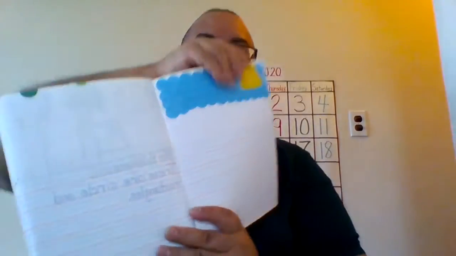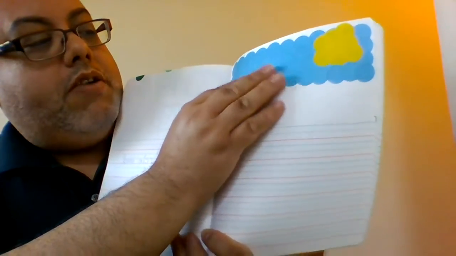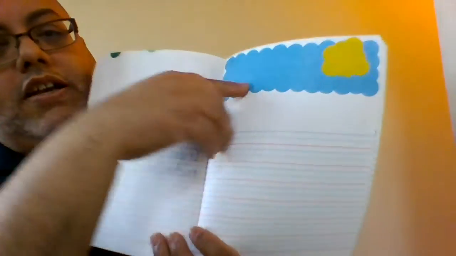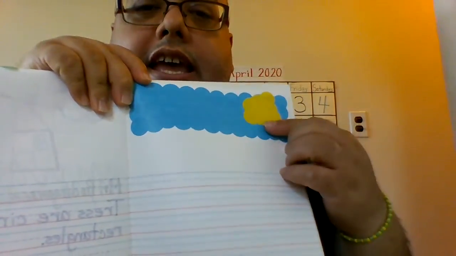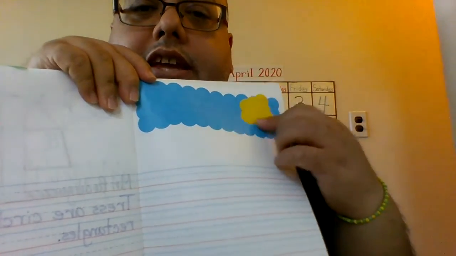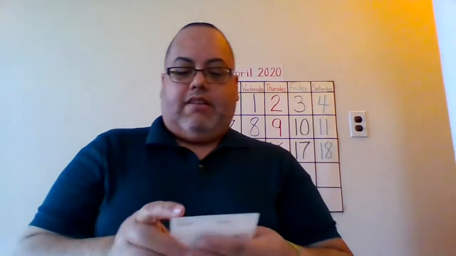So let me show you what I have so far on my drawing. This is beautiful. And what we do is we use the circles from the labels to create a sky. And I'm trying to use the yellow to create the sun. Now, you saw that my son was like, what? That doesn't look like a round sun.